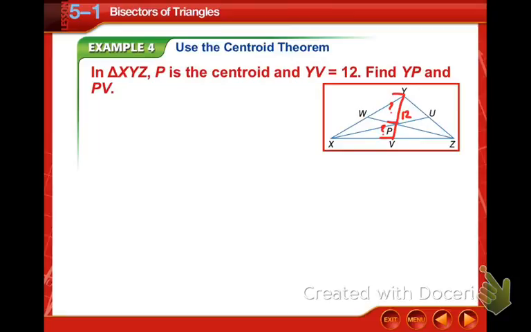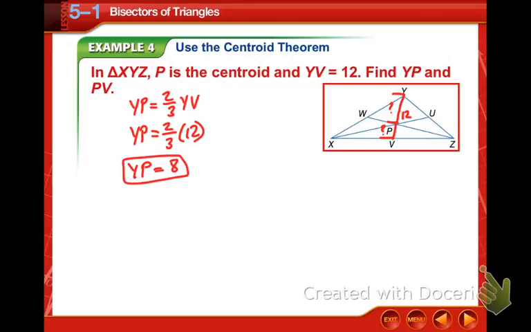So first off, we know that YP is the section from the vertex to the centroid, which means YP is 2/3 of YV, and YV is 12. So we can multiply by 2, that's 24, and 24 divided by 3 is 8.